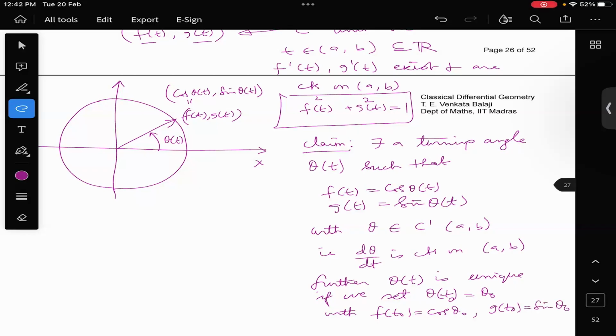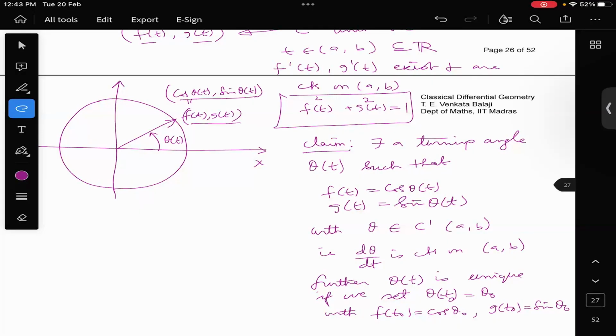So to fix this angle, all you have to do is fix its value at one point. This turning angle, if you fix it at one point, then it is completely fixed. That's how this function is correctly defined in a very unique way. And so this is what we have to prove.